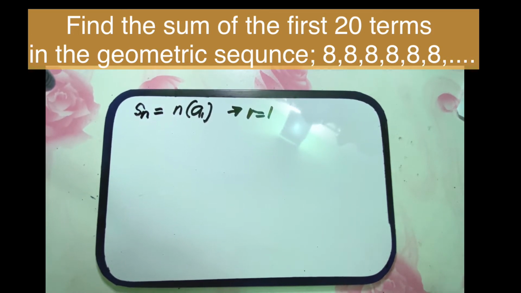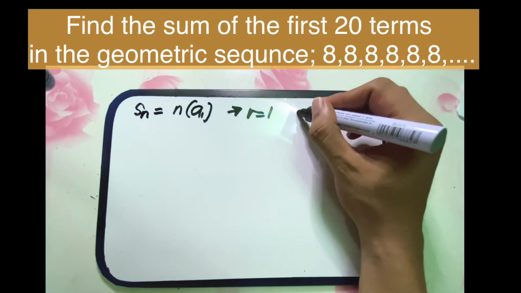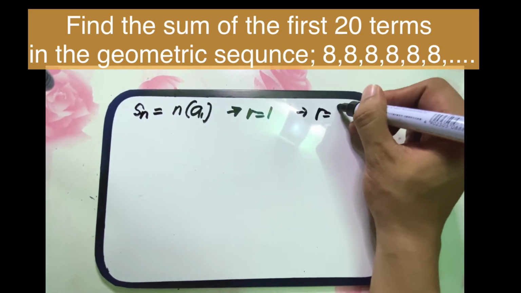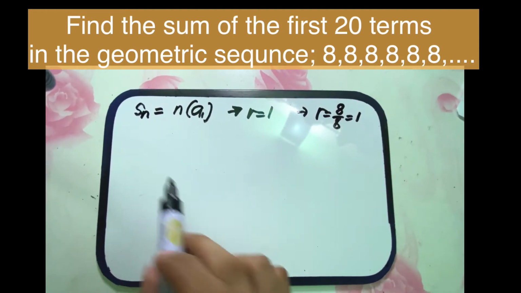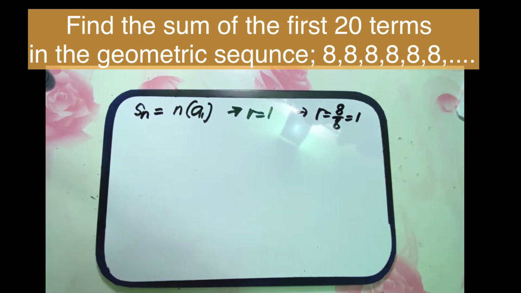If you notice, all the terms are 8. If we get the ratio, r is equal to 8 divided by 8, so the ratio is 1. You can use this formula, but you can also use the first formula.